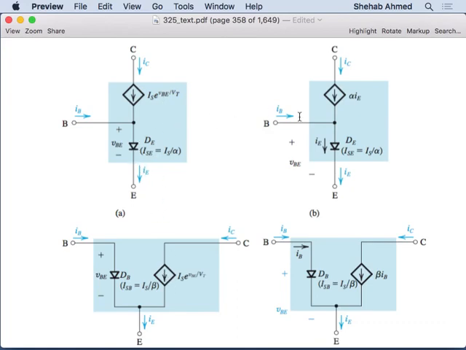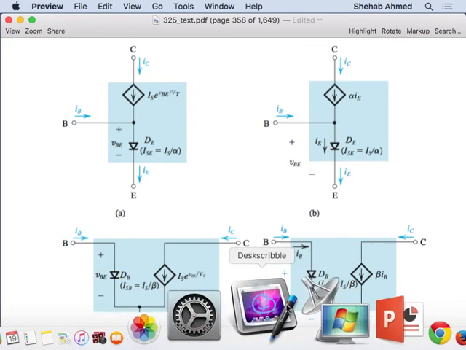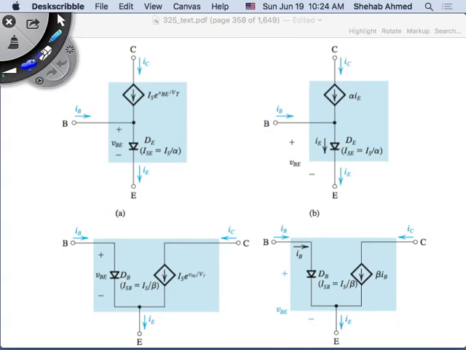So my equations also tell me the relationship between the collector current and the emitter current: IC is equal to IE times alpha, right? So I can redraw this. Instead of writing IS e to the VBE over VT, this is IC, and IC is equal to alpha times IE.